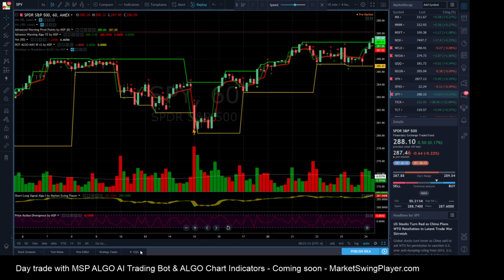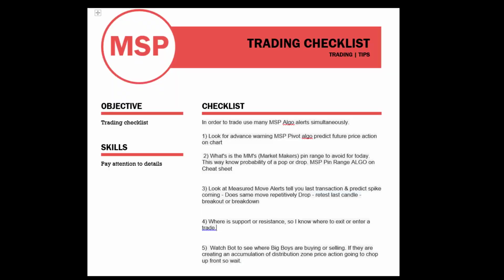So let's go back to the checklist here. So we looked at those measure move alerts, and we know how that works. It tells you what to do, right? It tells you what the future move is going to do.